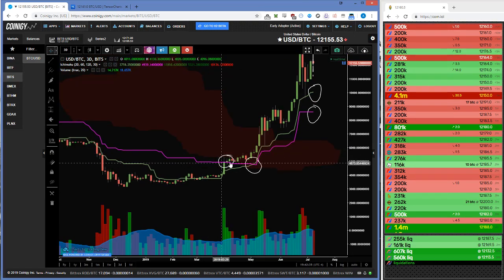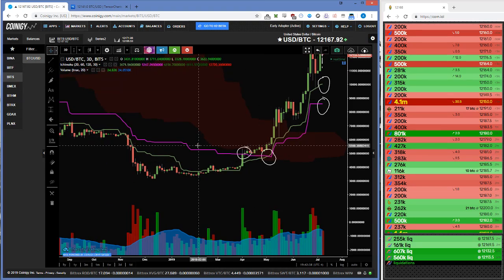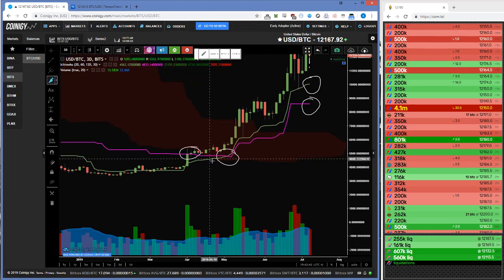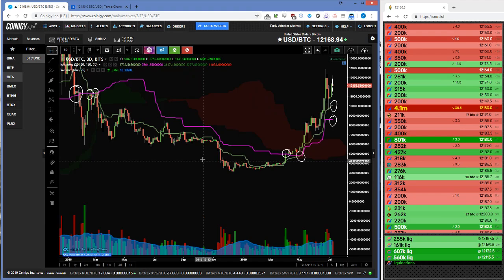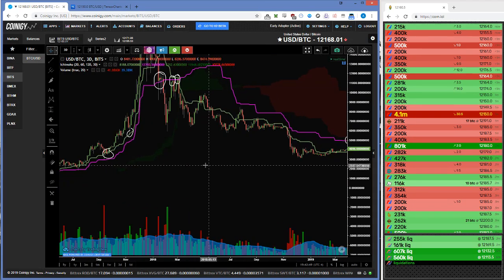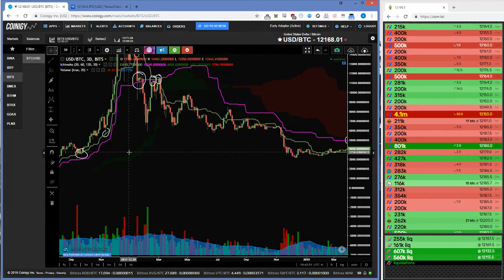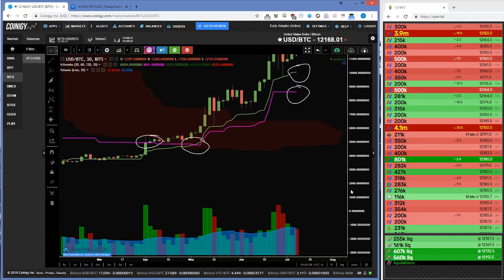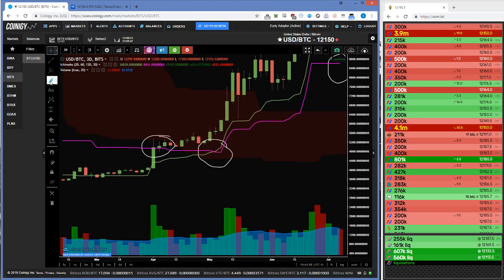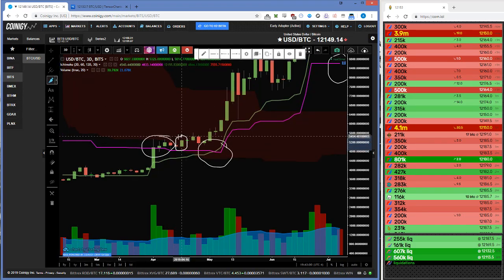Another way to use it is edge-to-edge cloud trades. Basically, you have this cloud, and the cloud represents your resistance, and your support when below. The idea is, if you enter the cloud, so here, you're entering the cloud, you take the long, and your target is the other side of the cloud.